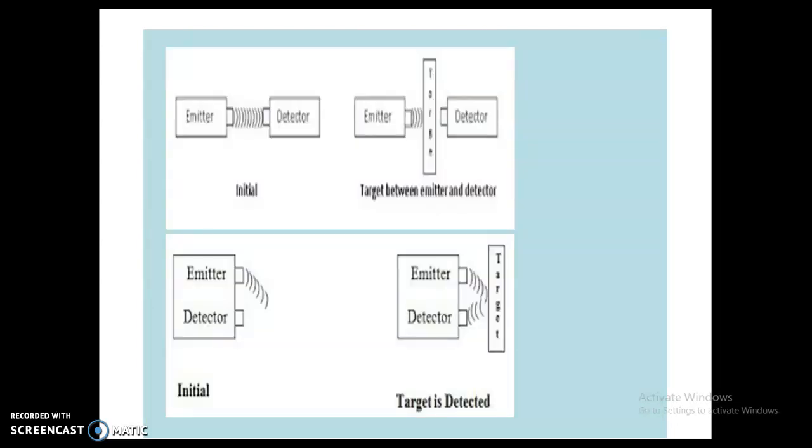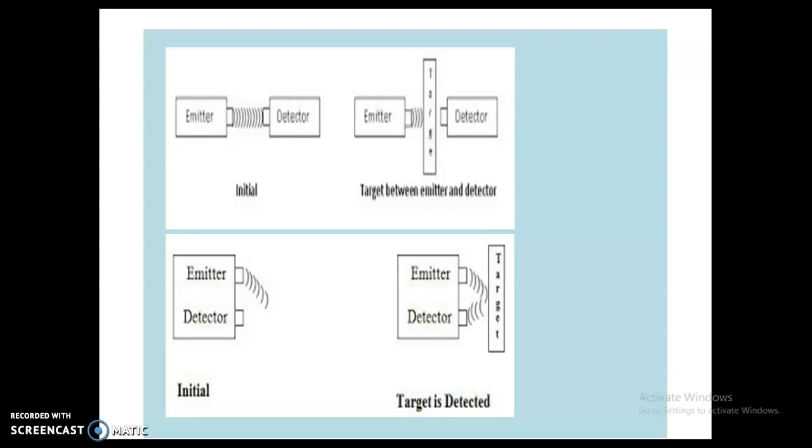Here is the figure of the ultrasonic sensor. The first one is the true beam mode. You can see that the emitter is in one place and the detector is on the other side. Whenever a target enters between the emitter and the detector, it indicates that an object is coming in its path. But in the case of the ultrasonic proximity sensor, the second mode is normally used.